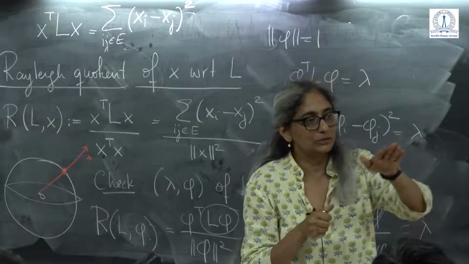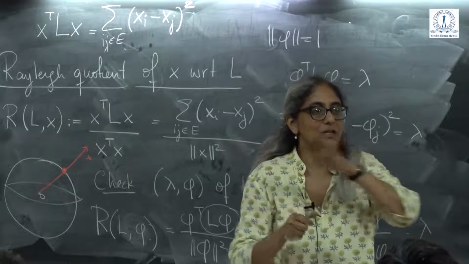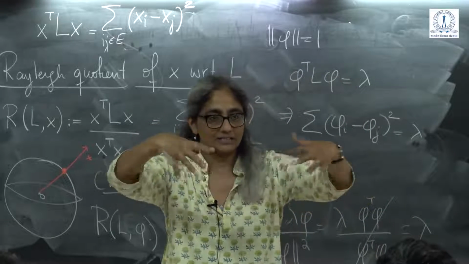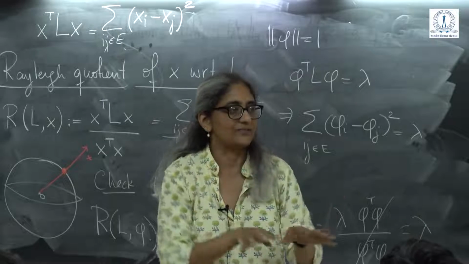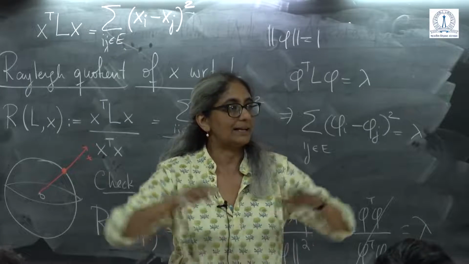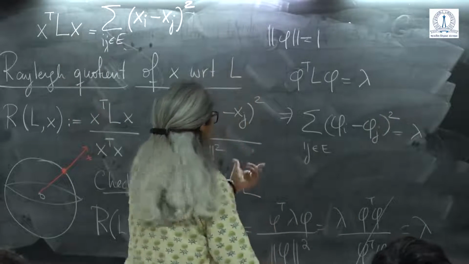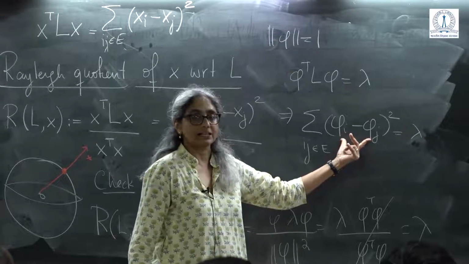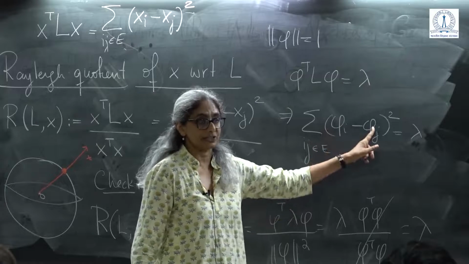So it's like a smooth function, okay? So small eigenvalue means the variation of the eigenvectors as you move along the graph is very, very slight. Big eigenvalue means there's big oscillations. So I'll show you a picture in a second, but there's going to be big oscillations. You have big difference across the edges, okay?